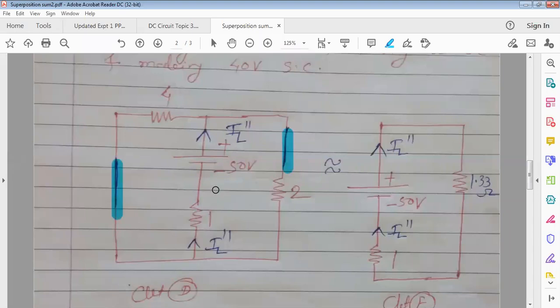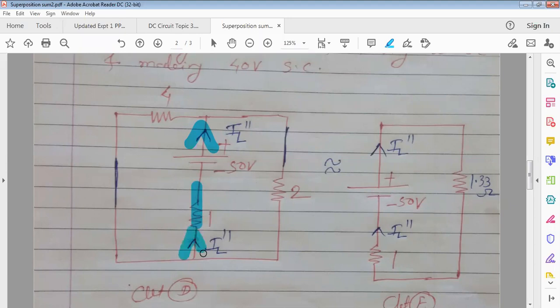Again in this circuit, our aim is only to find out the current flowing through the 1 ohm load resistance. Now only a single voltage source is there, 50 volt, with the upper terminal positive. So I'll use the conventional direction of current. Current through the 50 volt source is in the upward direction, so through 1 ohm, in which direction will it flow, upwards or downwards?